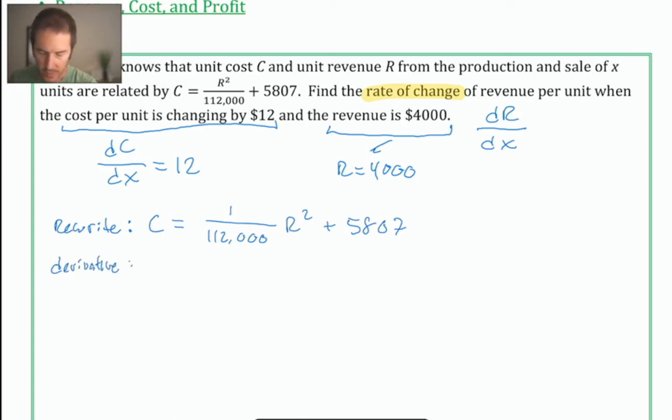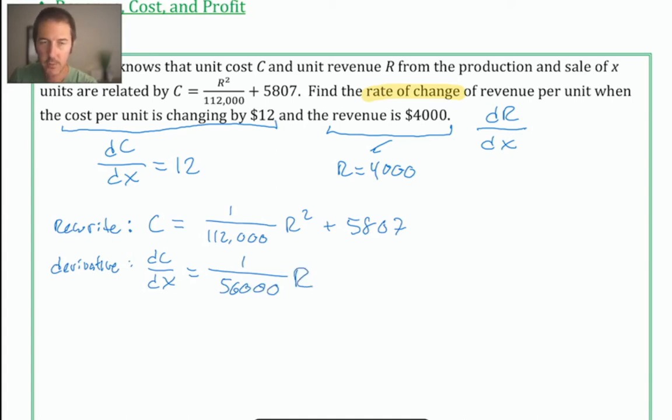And the derivative of C with respect to x is dC/dx. And the derivative of our next term, we have to take the 2 from the exponent position and multiply it by the coefficient, so you get 2 over 112,000. And if you want to write that down, you can. I'm going to reduce it in my head so that it reduces to 1 over 56,000. And then I keep my variable.